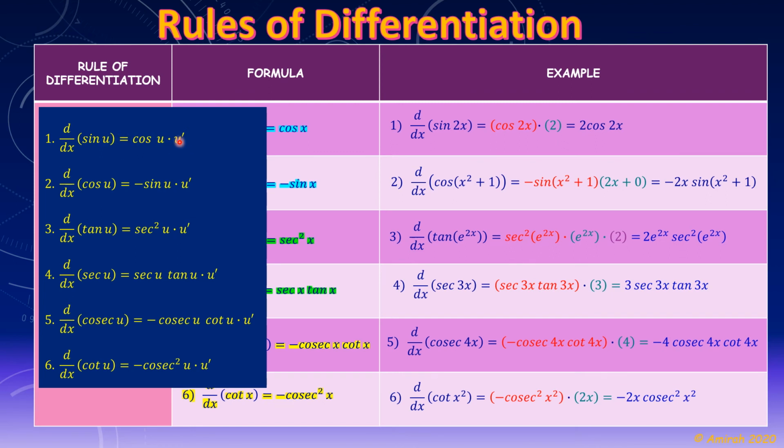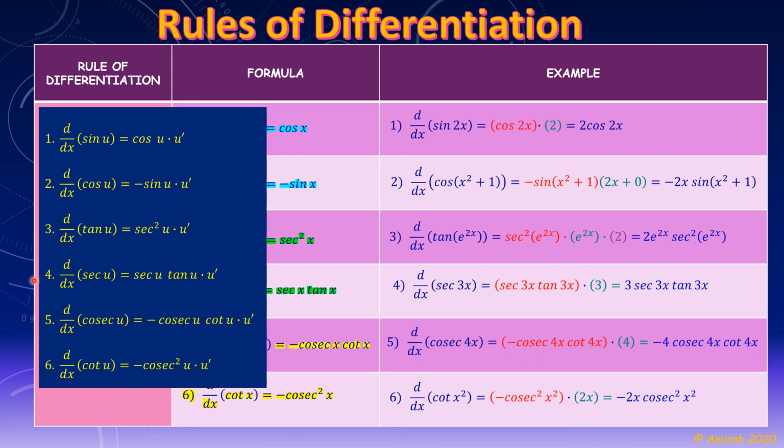Okay, if we need to differentiate cos u, we have negative sin u, and then similar to this formula, at the back we need to multiply by u prime. And then if we want to differentiate tan u, we have sec squared u, and then at the back must have times u prime.